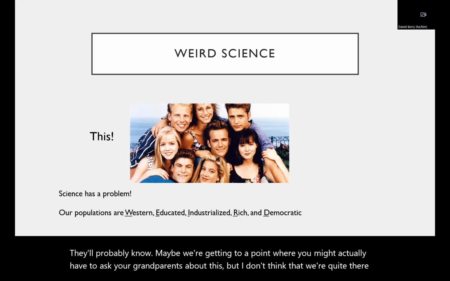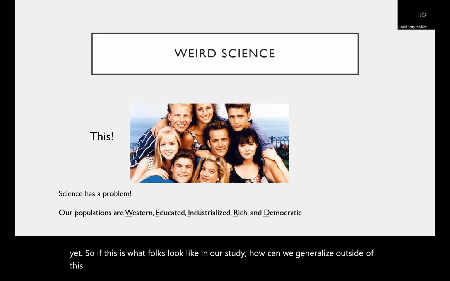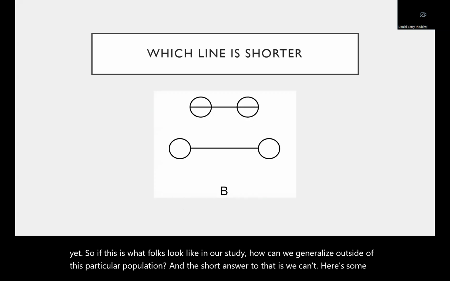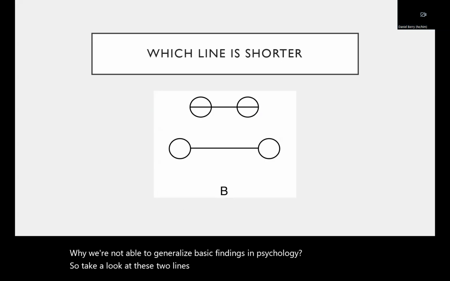So if this is what folks look like in our study, how can we generalize outside of this particular population? And the short answer to that is we can't. Here's some examples of why we're not able to generalize basic findings in psychology. So take a look at these two lines and just in your mind, answer the question, which one is shorter?